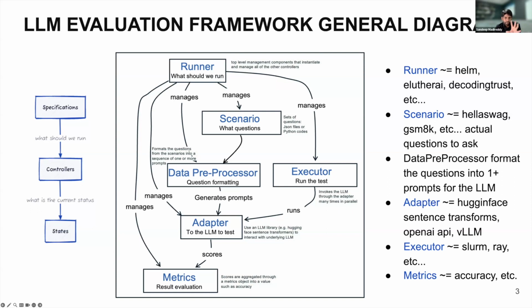Then we have executors, which interface with systems such as Slurm or Ray. And finally, metrics. These metrics could be deterministic metrics or uncertainty or robustness metrics, which can evaluate how well the model has performed on a certain task. We see all of these as an integral part of setting up an evaluation framework for these models.